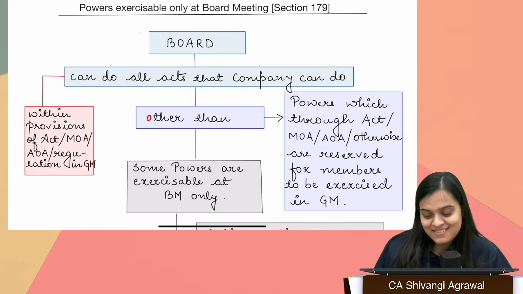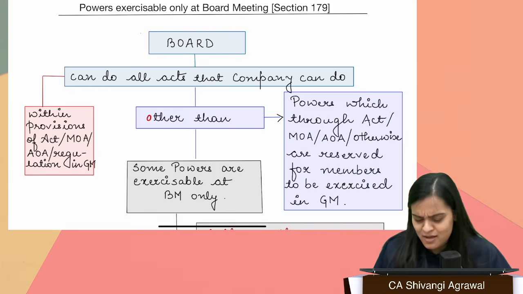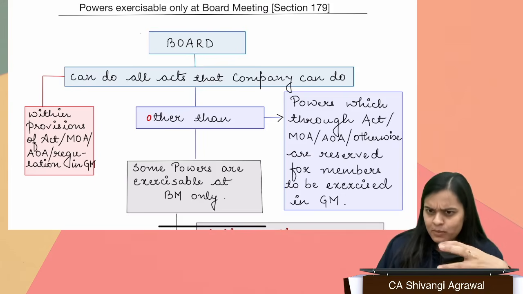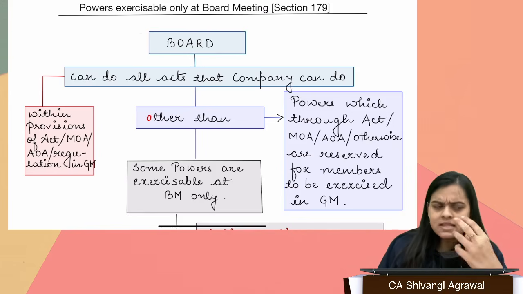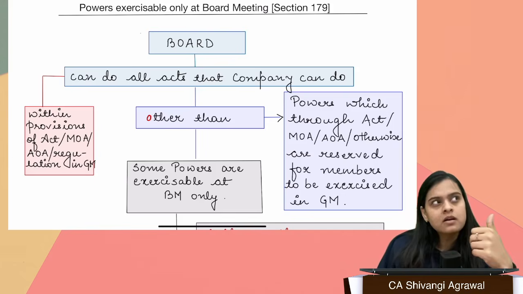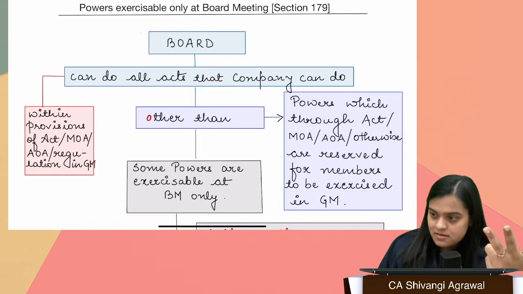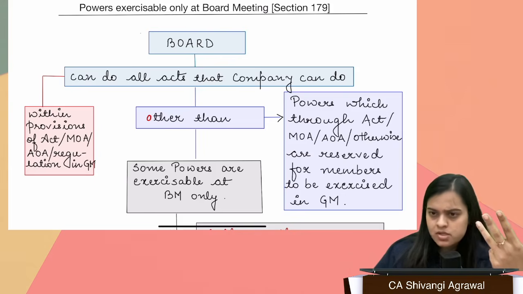Correct? So basically, board can exercise the powers, but obviously it has to keep in mind that these powers are subject to Companies Act, memorandum, articles, or maybe any regulation which is set in general meeting, right?